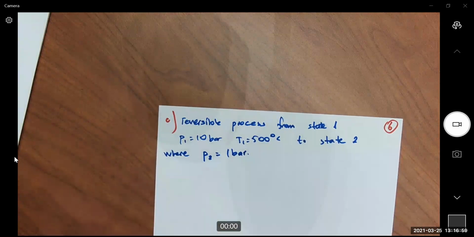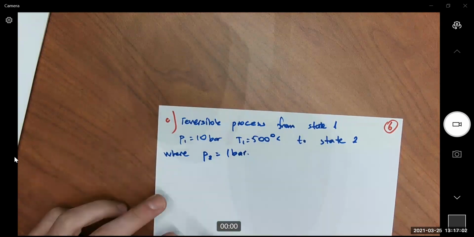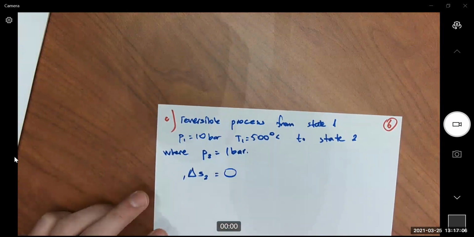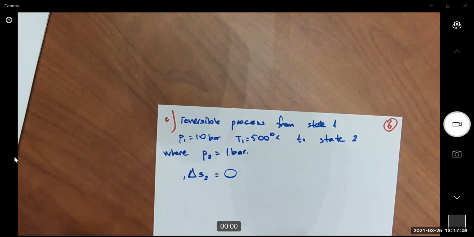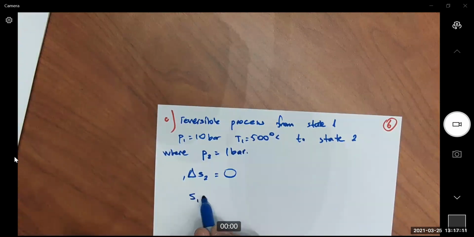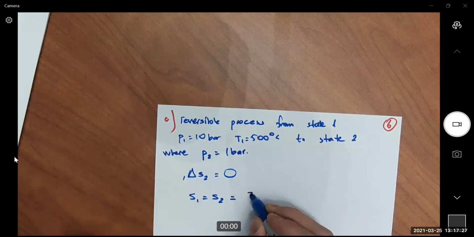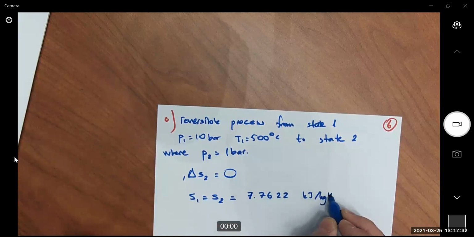Under this condition, I'm asked to assume that delta S is 0, which means S1 will be equal to S2, but that wasn't the case before. I'm changing it. S1 equals S2, and I know my S1 from the given conditions at state 1. S1 was 7.7622 kilojoules per kilogram Kelvin.